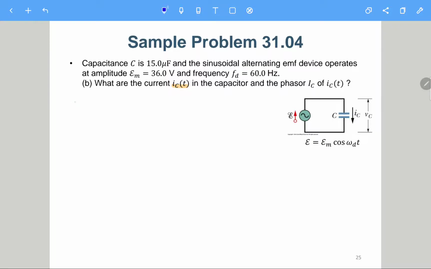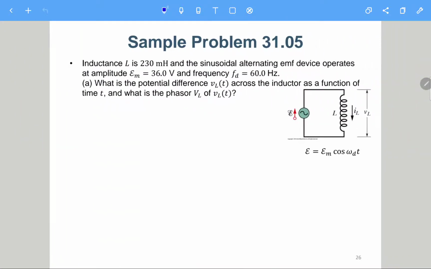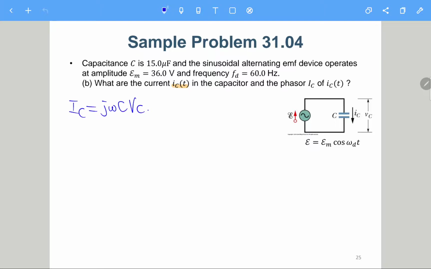So now first we can consider I_C to be j omega C V_C, or you can just go back to the original one.